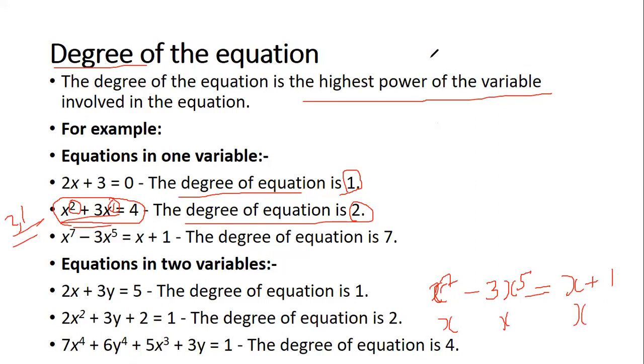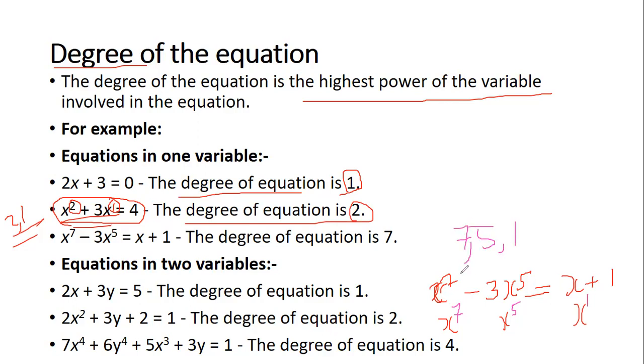So there is one variable x repeated 3 times. We have the power 7, and we have the power 5. And since nothing is written, it is power 1. So we have 7, 5 and 1.